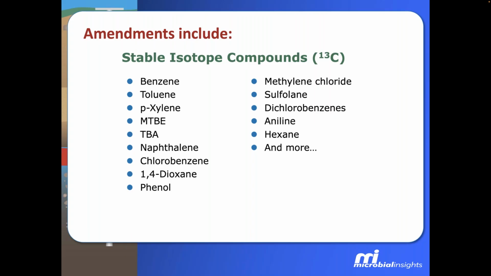Anything that can serve as a carbon and energy source can be obtained, enriched with carbon-13, and we can answer that question for you using stable isotope probing. That question being, can this compound be degraded in this aquifer under existing aquifer conditions or under conditions that I might stimulate, and find out if that answer is yes or no.